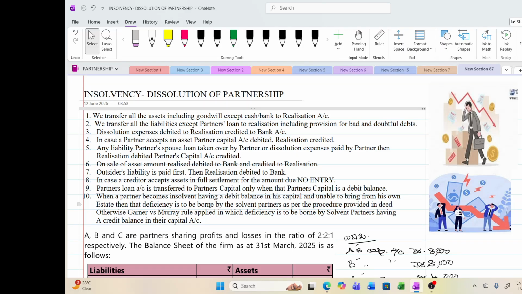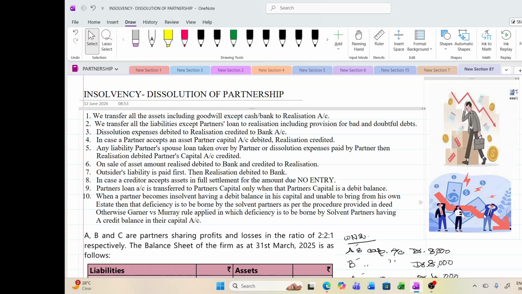When your partner becomes insolvent, meaning having a debit balance and being unable to bring money from his estate, then that deficiency is to be borne by the solvent partners as per the procedure provided in their deed. Otherwise, in case the Garner vs Murray rule is applied, the deficiency is to be borne by solvent partners having a credit balance in their capital.